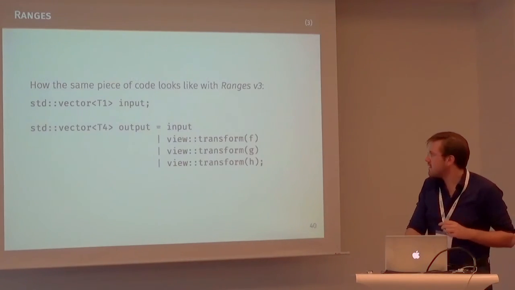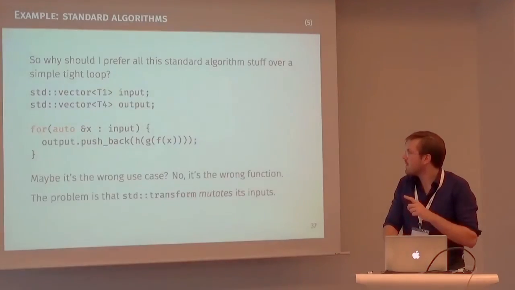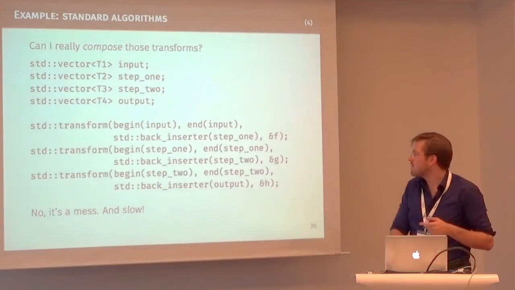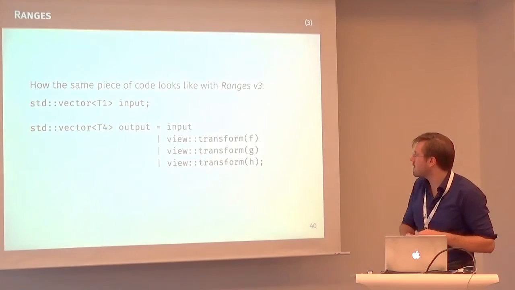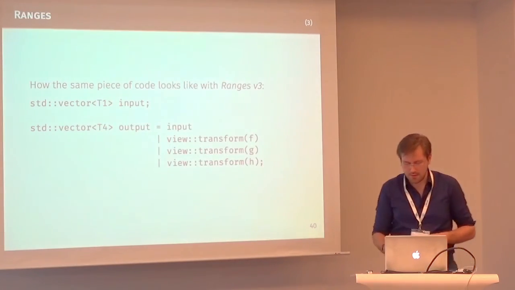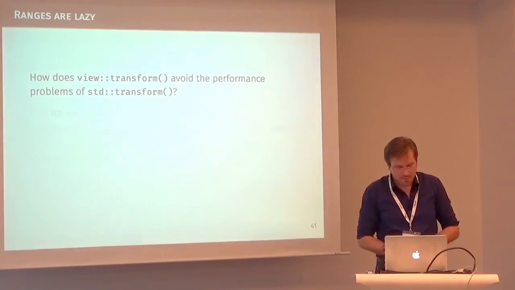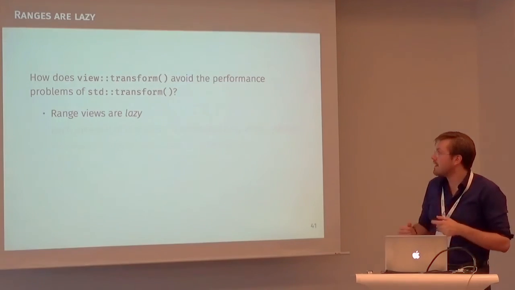How can this be faster than this one if it's doing the same thing? I mean, is it only a syntactic difference, or is there something more? Of course, it's not only a syntactic difference, okay? Because ranges views are lazy, okay?